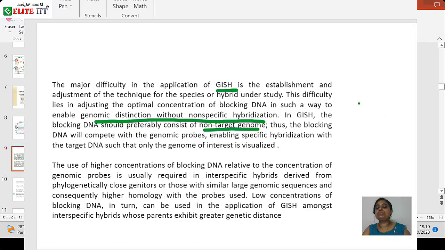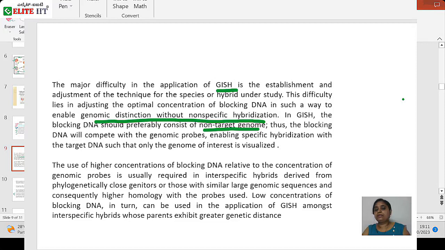So for whatever genome you want to identify or localize, you should not use blocking DNA against that complementary sequence. Thus, the blocking DNA will compete with the genomic probes. We are mixing probe plus blocking DNA, so there will be competition between probe and blocking DNA.